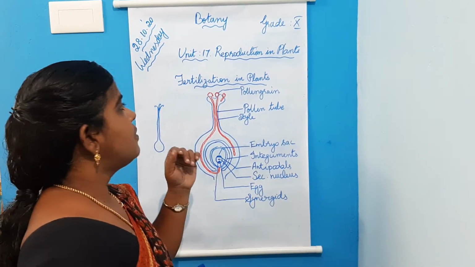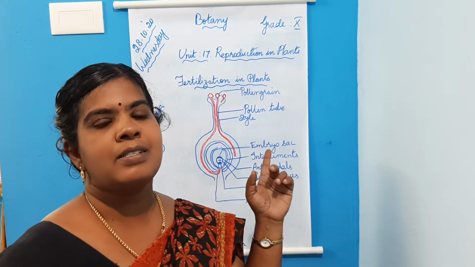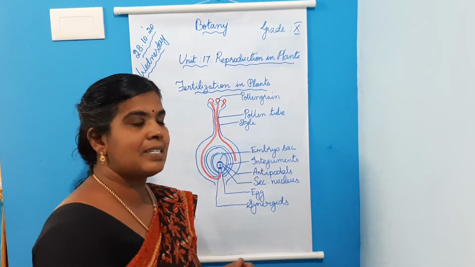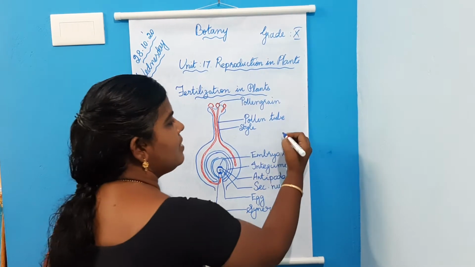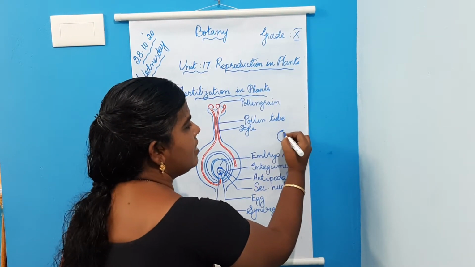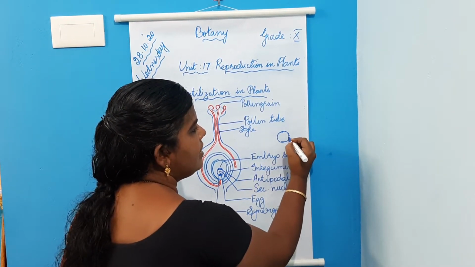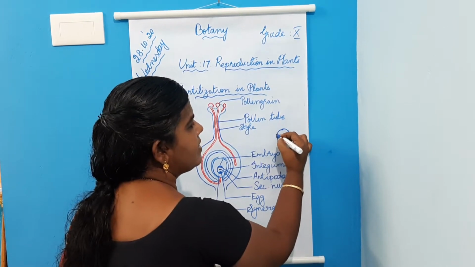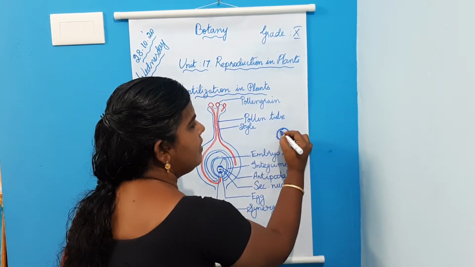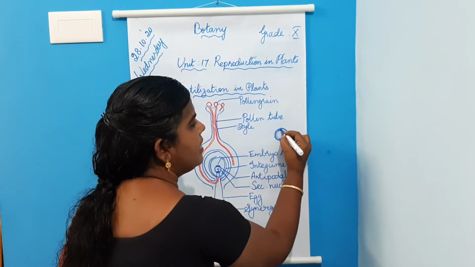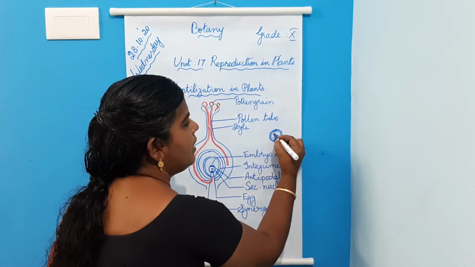Okay, listen, this is fertilization in plants. You all know about the structure of pollen grain, isn't it? It is double layered. The outer layer is thick and it is called exine, and the inner thin layer is called intine. This is the structure of pollen grain.